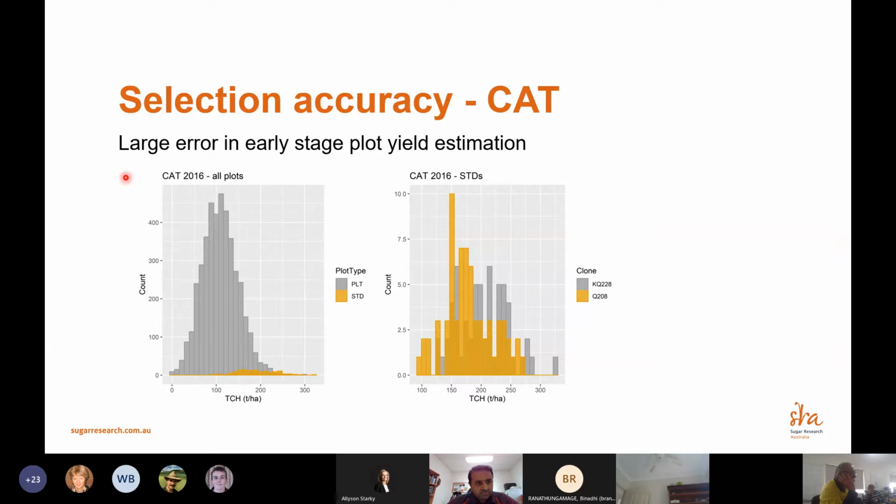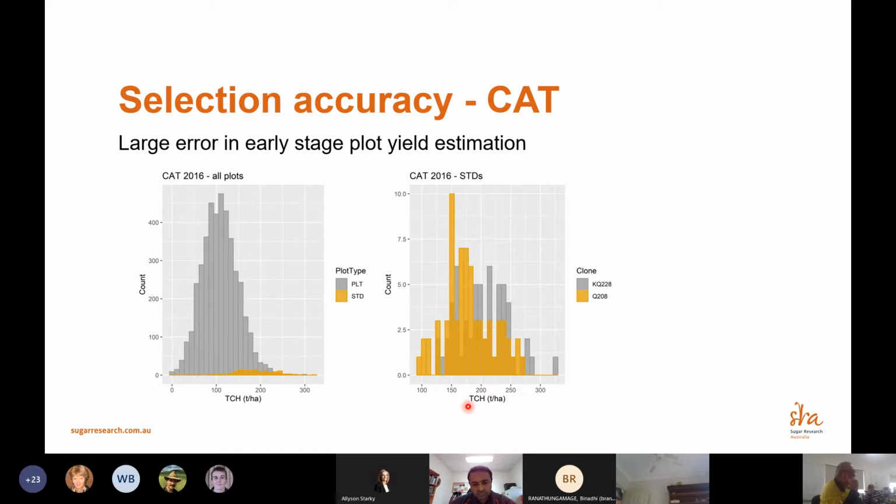For instance, in this CAT trial in 2016, we can see the TCH data was associated with a large error. The TCH varied from 0 to almost 280 or 300 tons per hectare. And these are only 6 meter plots, so some of these values are quite clearly not representative of the true phenotype of the crop.